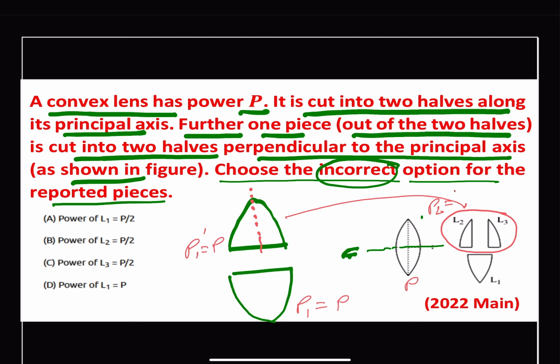This will be P by 2, and our L3, let us suppose that is P3, will also be P by 2.